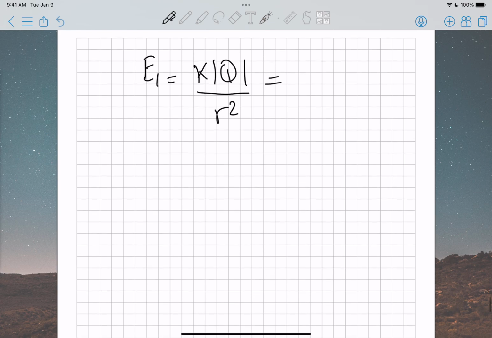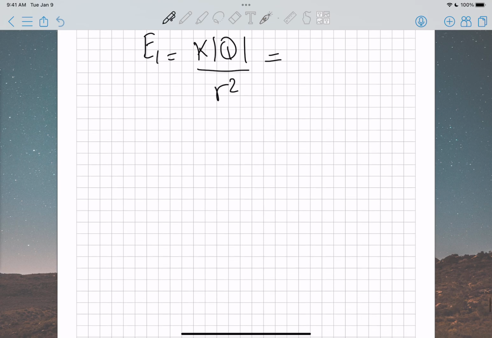And then once you have your electric field magnitude, we want to figure out the x and y components.